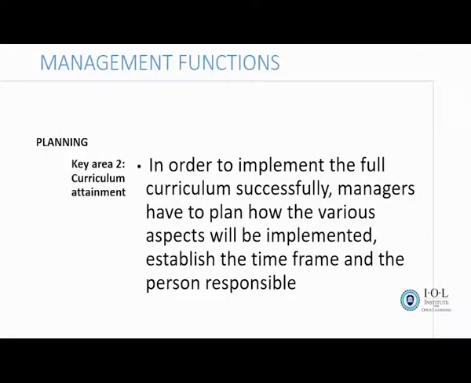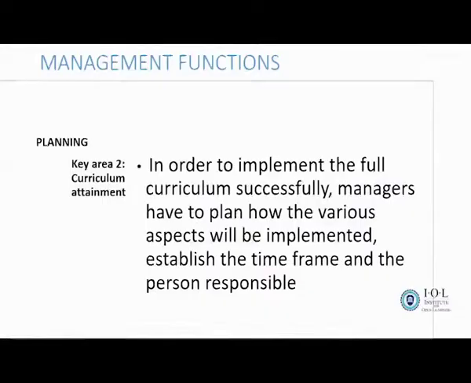All right, another key area that we look at is now the curriculum attainment. That is now the main thing, the teaching itself. Now, how does planning relate to curriculum attainment? In order to implement the full curriculum successfully, as a school manager, you have to plan how the various aspects will be implemented, establish the time frame and the person responsible.